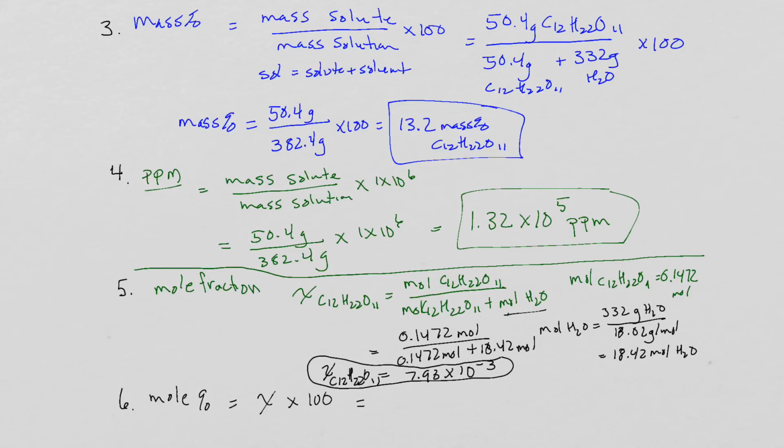So we're going to take my 7.9 times 10 to the minus third times 100 equals 0.793 percent solute.